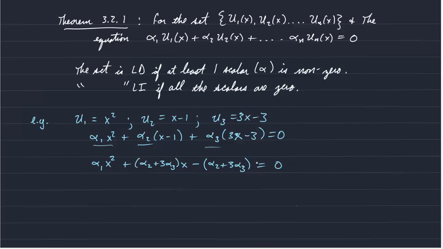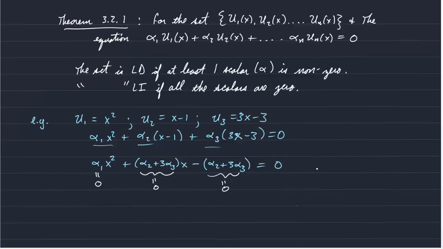So for this to be true in general for any value of x, alpha 1 has to be 0, because all powers of x squared are described here, and for this term to be 0, alpha 1 has to be 0, and this term has to be 0. The term's proportional to x, as does this term.